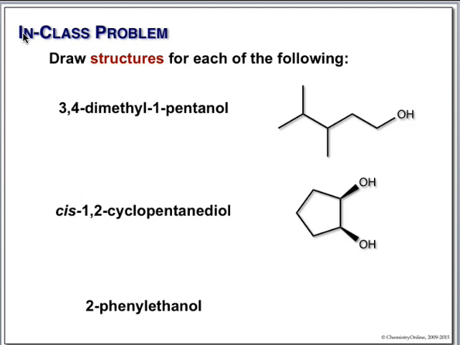This is an ethanol, so we have 2 carbons in our parent chain, and at the end, our terminal carbon, we have a phenyl group. There's our 2-carbon parent chain, and here in carbon 2, we have our phenyl group. You'll note that benzene rings are going to be drawn a couple ways.